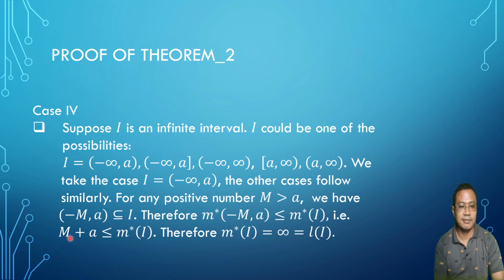So this can be regarded as a very big positive number. So this is going to be greater than any big positive number. So in real numbers, a number which is greater than any big number, that is going to be infinity only. So therefore m star I is equal to infinity. Okay, so like that we have just proved.